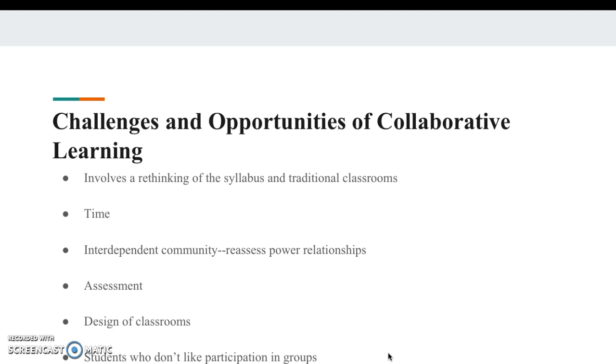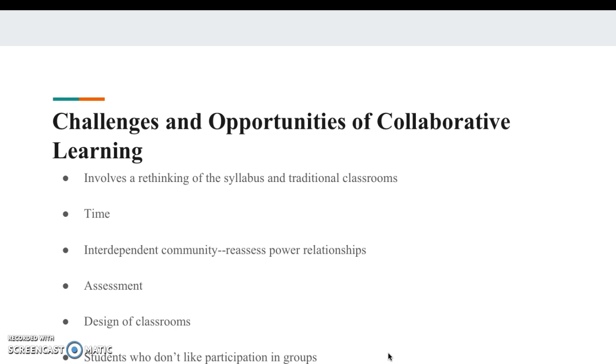Competition and individualism in classes like this is eliminated. It becomes a collaborative group-think kind of thing. It's not one person doing all the work. It's a collaborative effort, and so it involves a rethinking of how things have been done and maybe how we were even taught in colleges and high schools.